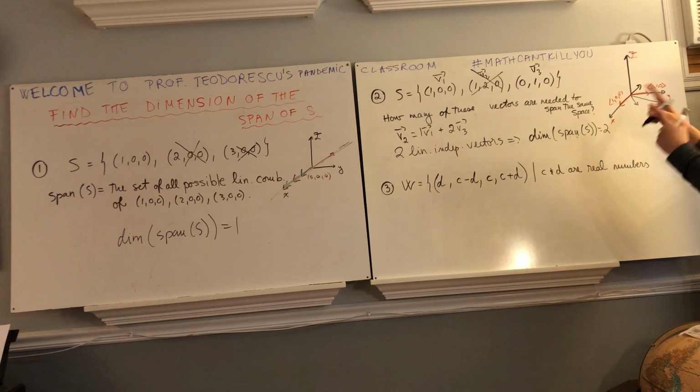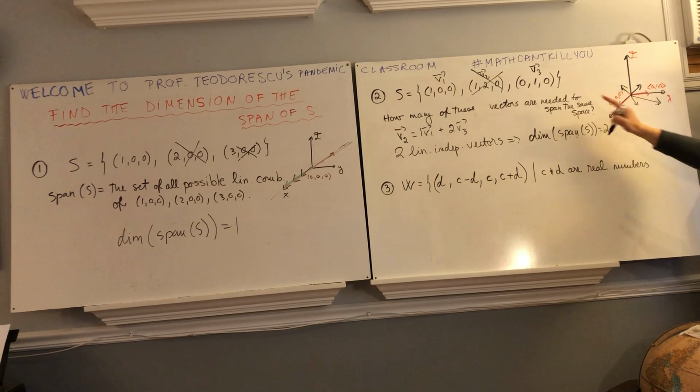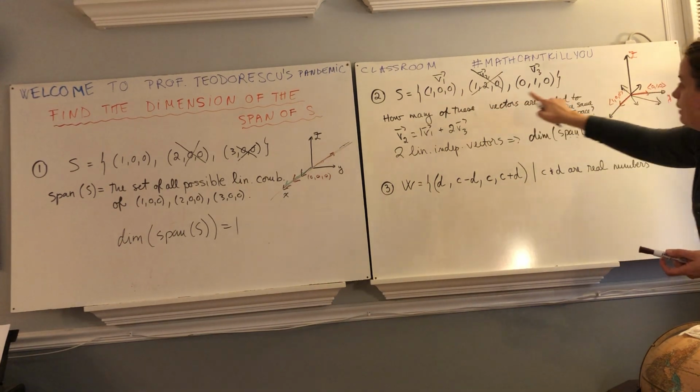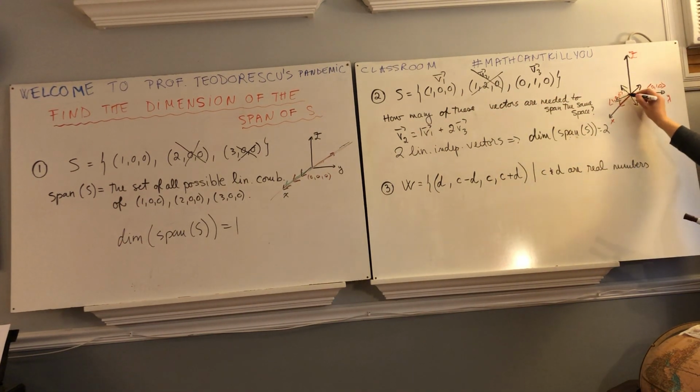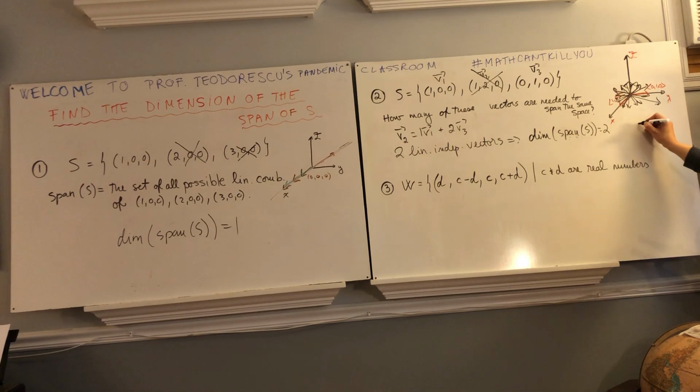I multiply both of them by negatives and add them together, I get this vector. So by multiplying both V1 and V3 by constants and adding them together, I can get any vector in the xy plane. So the span of S is the xy plane.